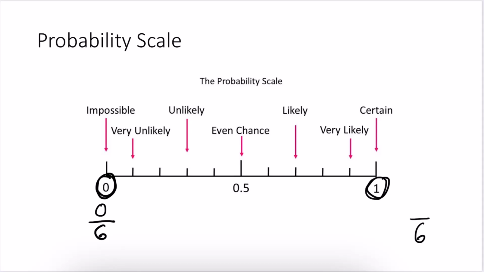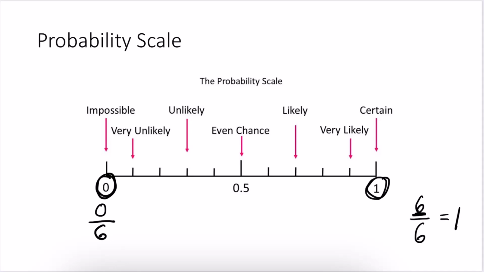Well, all of the numbers on the dice are less than 9, and so you would have 6 favorable outcomes out of 6, which equals 1. But there's no way that you could get more favorable outcomes than the number of possible outcomes. So like, it's impossible for this number to be a 7, because you can't have 7 favorable outcomes if you only have 6 possible outcomes. So all probabilities will always be between 0 and 1.